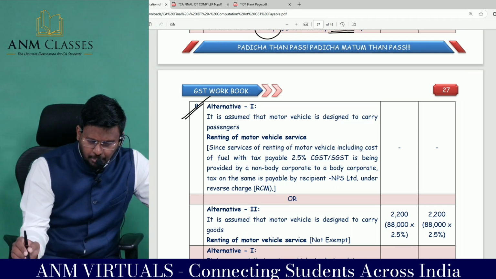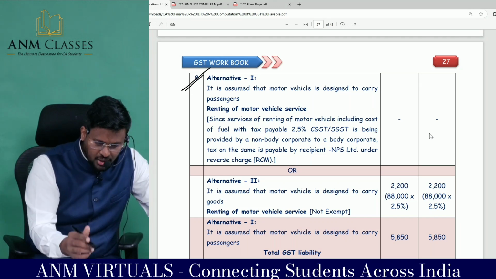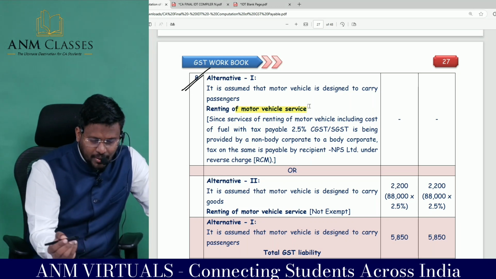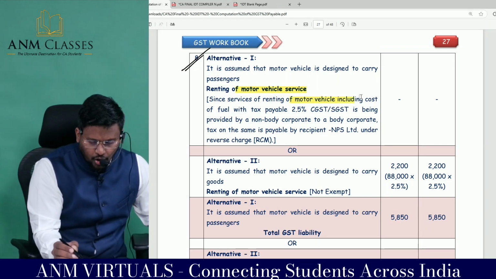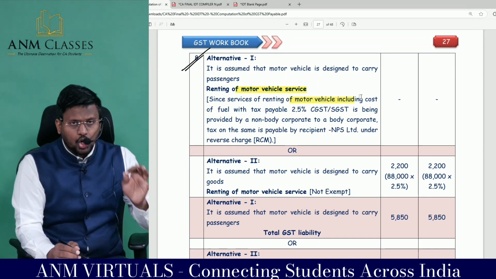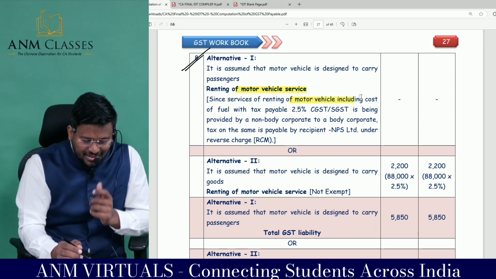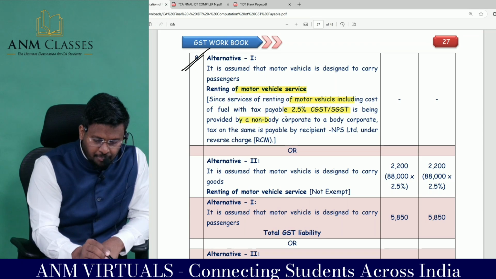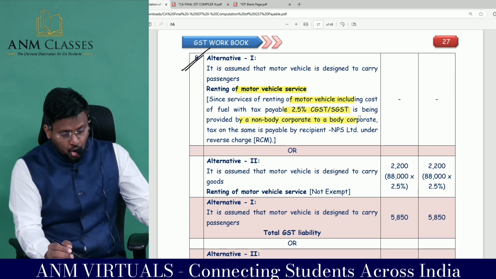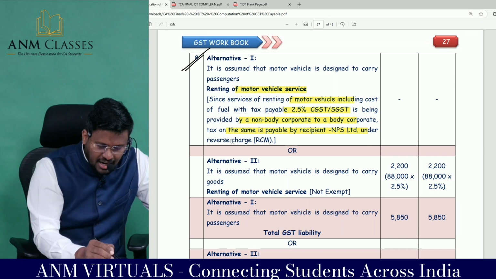It is assumed that the motor vehicle is designed to carry passengers. If that is the assumption, then for renting of motor vehicle services including cost of fuel, with tax payable at 2.5% CGST and SGST, if provided by a non-body corporate to a body corporate, the same is payable by the recipient under reverse charge.